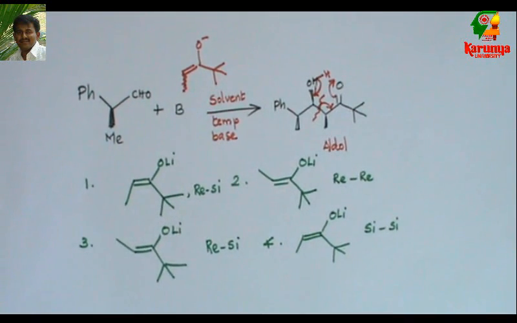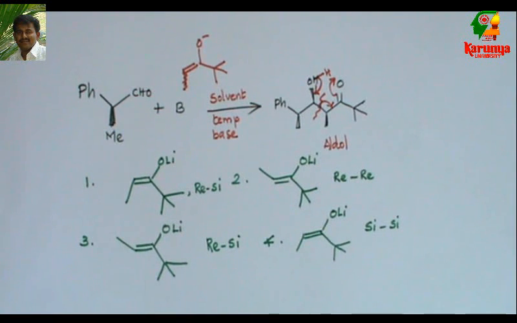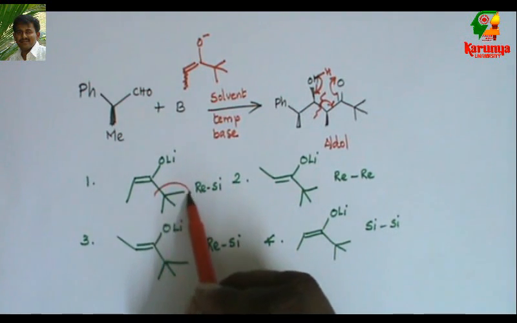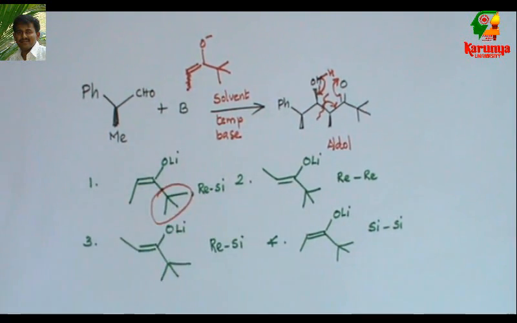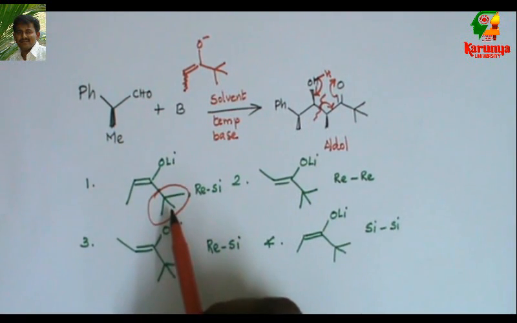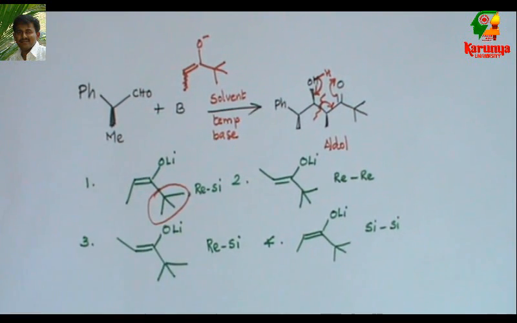That means there is one more clue in the problem which decides the stereochemistry. That is nothing but steric hindrance. They have given ethyl tertiary butyl ketone. This tertiary butyl group has been attached because this decides the stereochemistry of enolate.